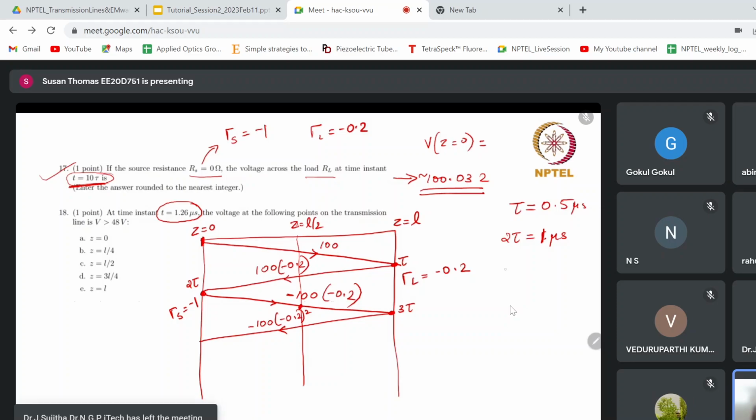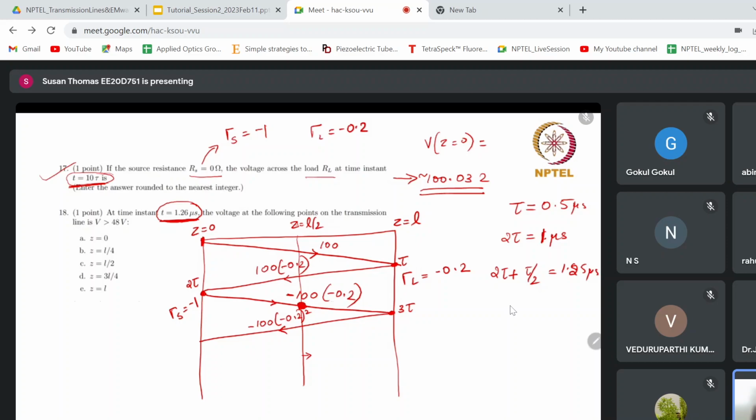So 2 tau plus tau by 2 is 1.25 microseconds, immediately after the middle of the transmission line. And at time t is equal to 1.26 microseconds, that will be somewhere here.